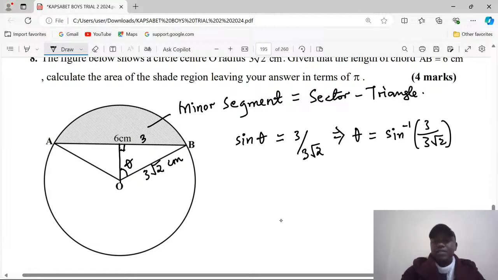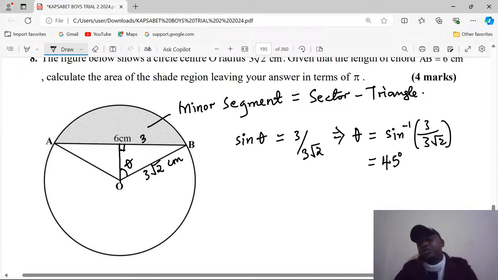You can see 3 is even simplifying, so we are taking the sine inverse of 1/√2. Using your calculator, shift sine, 3 divided by 3√2, this is giving us exactly 45 degrees.